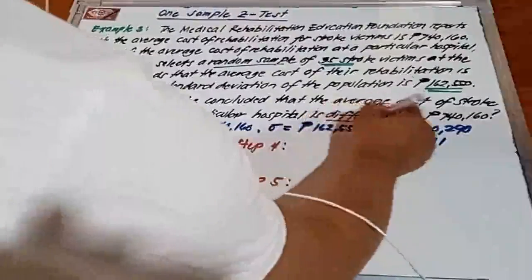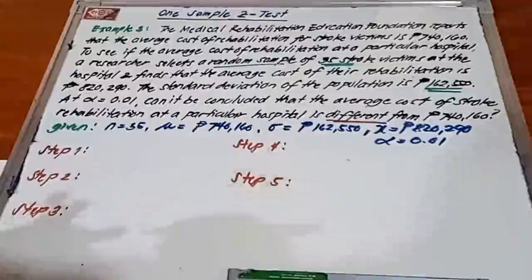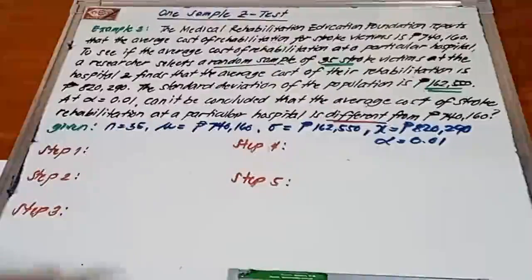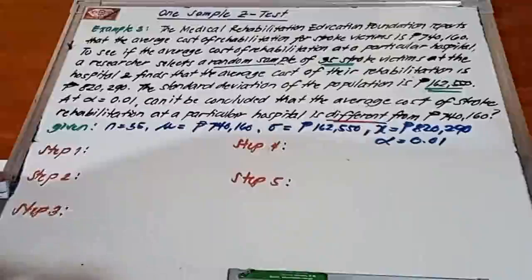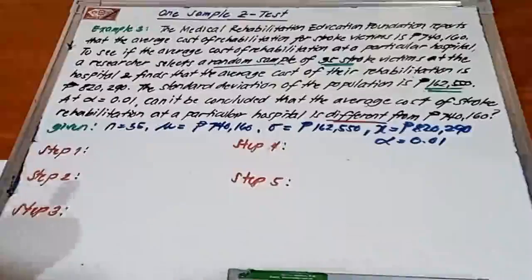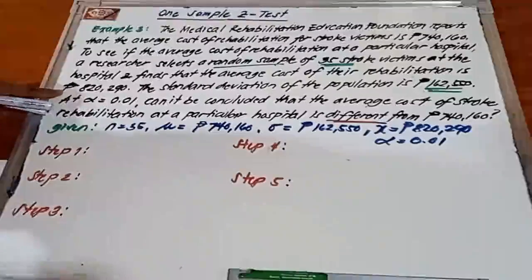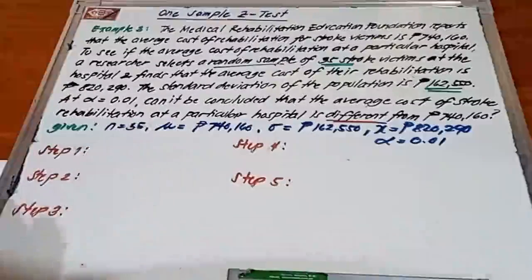So hindi nakalagay dito kung mas mataas ba sa population mean average cost ng rehabilitation ng population for stroke victims yung average cost of rehabilitation ng ating sample mean. So, hindi sinabing mas mataas o mas mababa, basta ang sinabi different. So, this is a non-directional test. So, we're going to use two-tailed test.